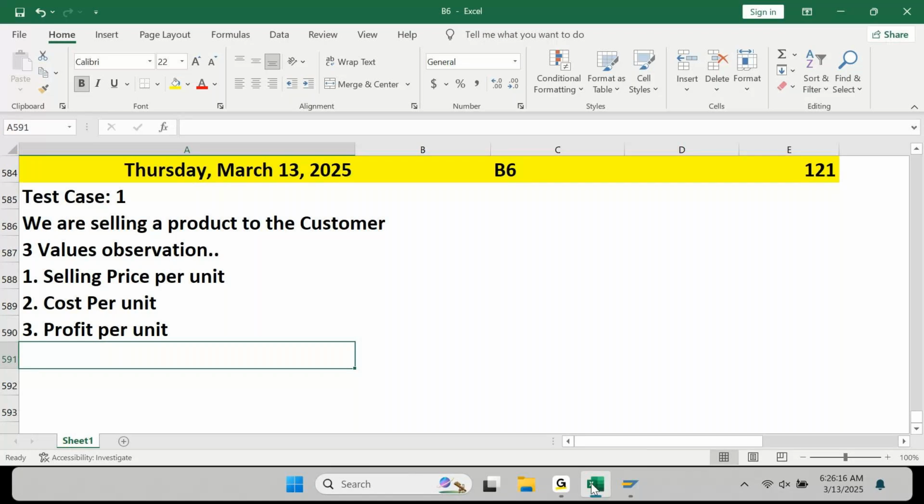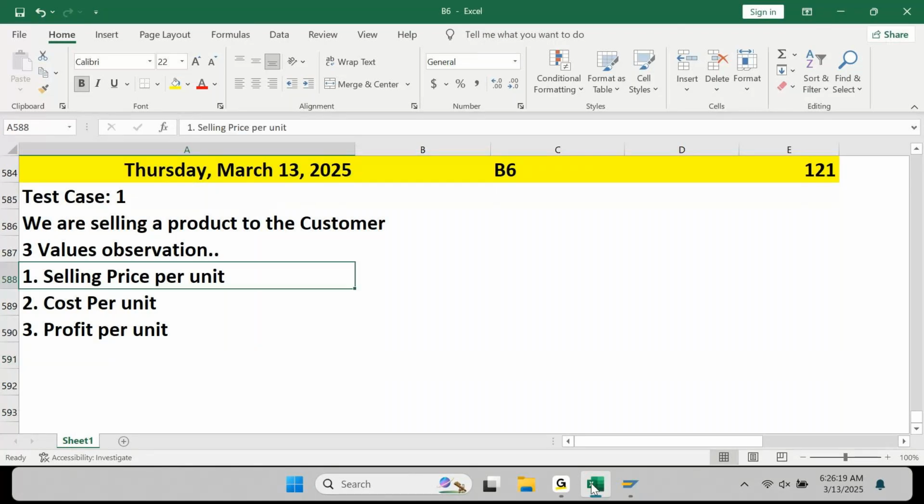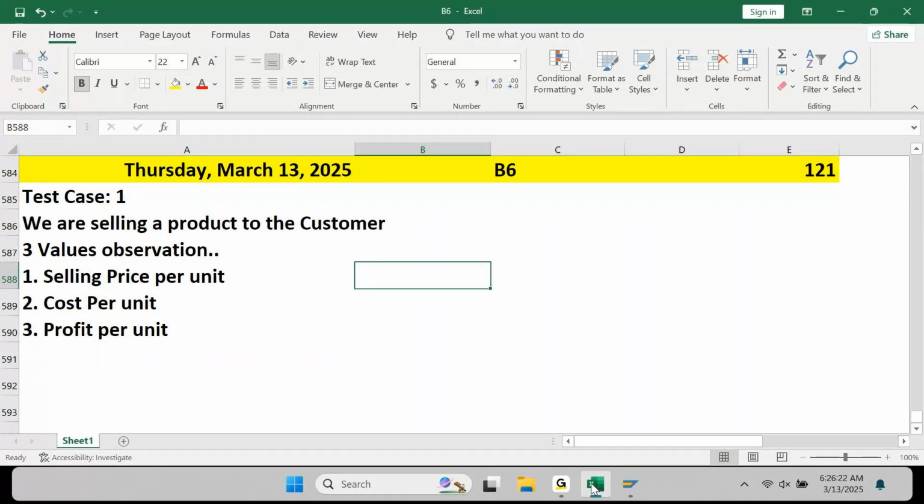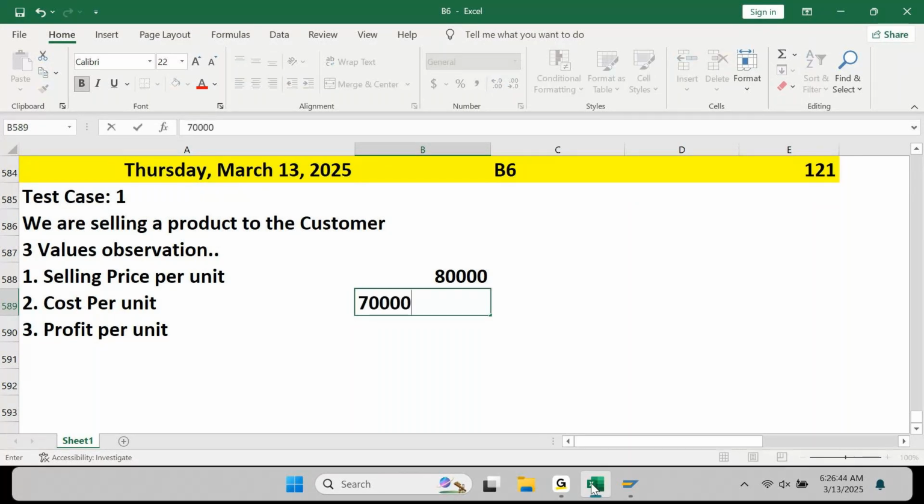First thing what we will do is, if we assume that our selling price is, let's say, 80,000. If you are assuming selling price is 80,000, your cost should be above 80,000, below 80,000 or equal to 80,000? It must be below 80,000. Let's say if I take 70,000 is my cost price.